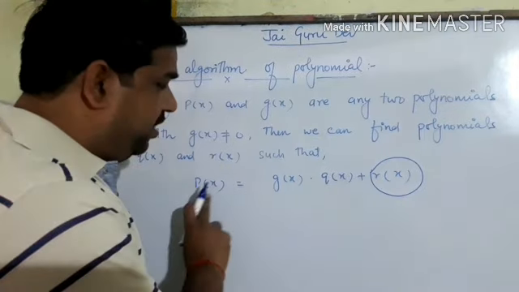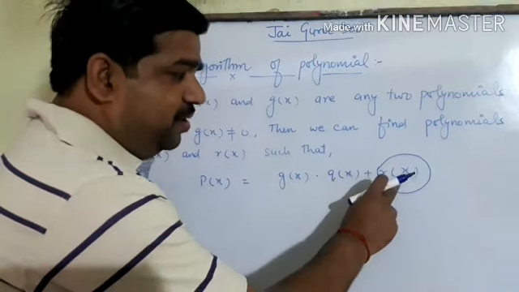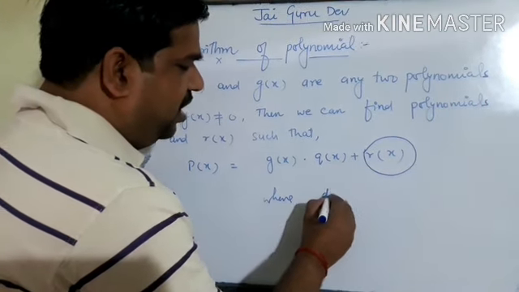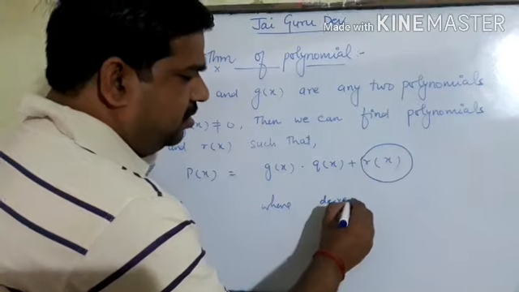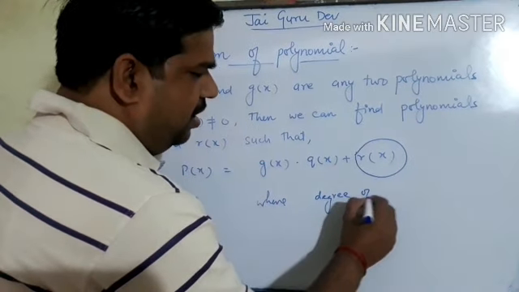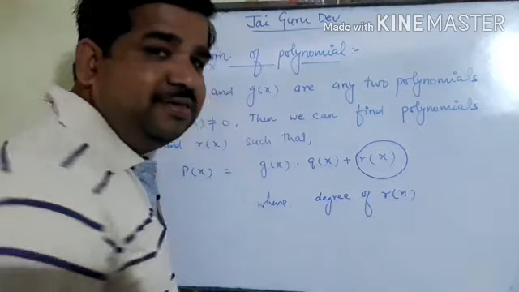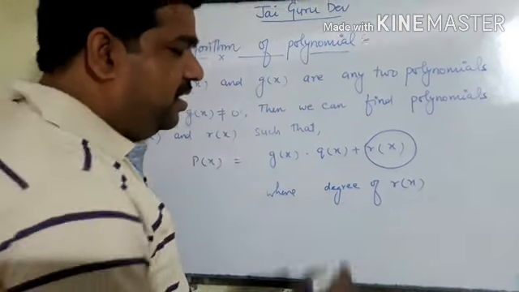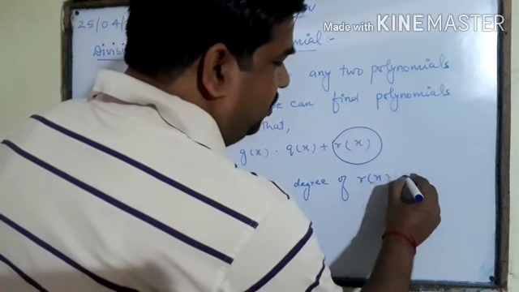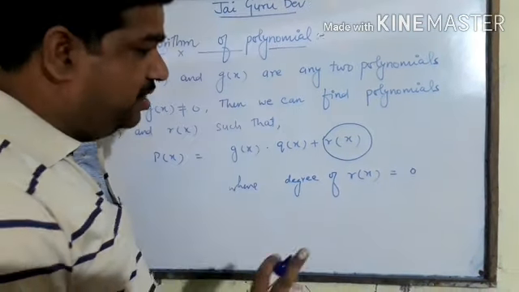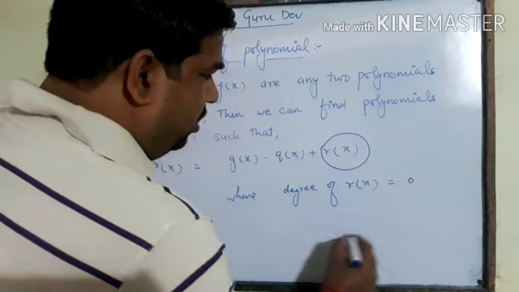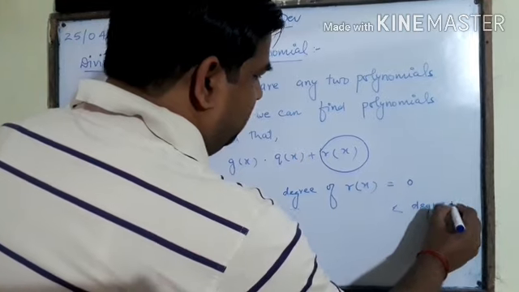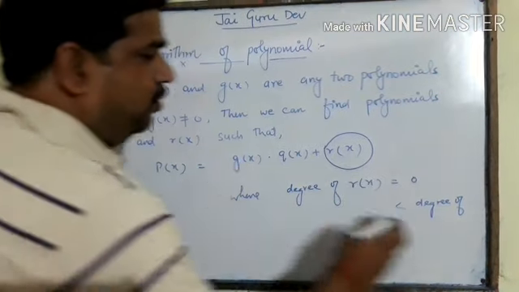So when we divide p(x) by g(x), this is the remainder, where the degree of the remainder polynomial r(x) is either equal to 0 or less than the degree of the divisor polynomial g(x).